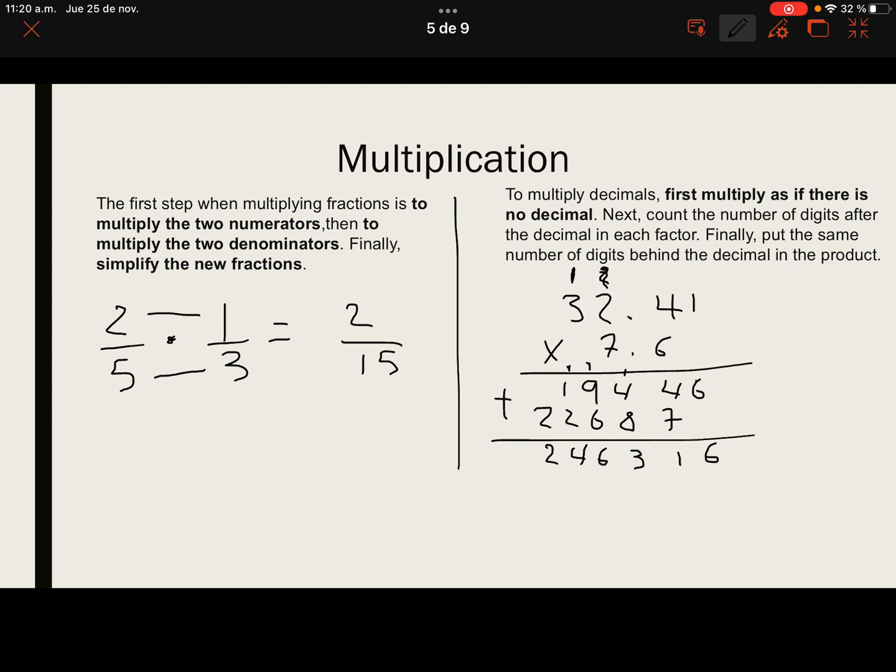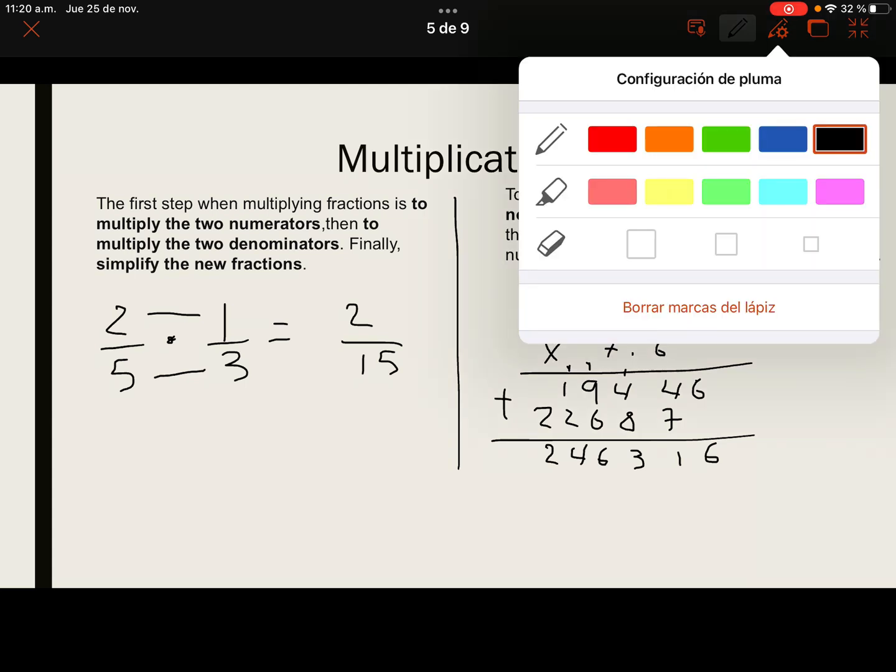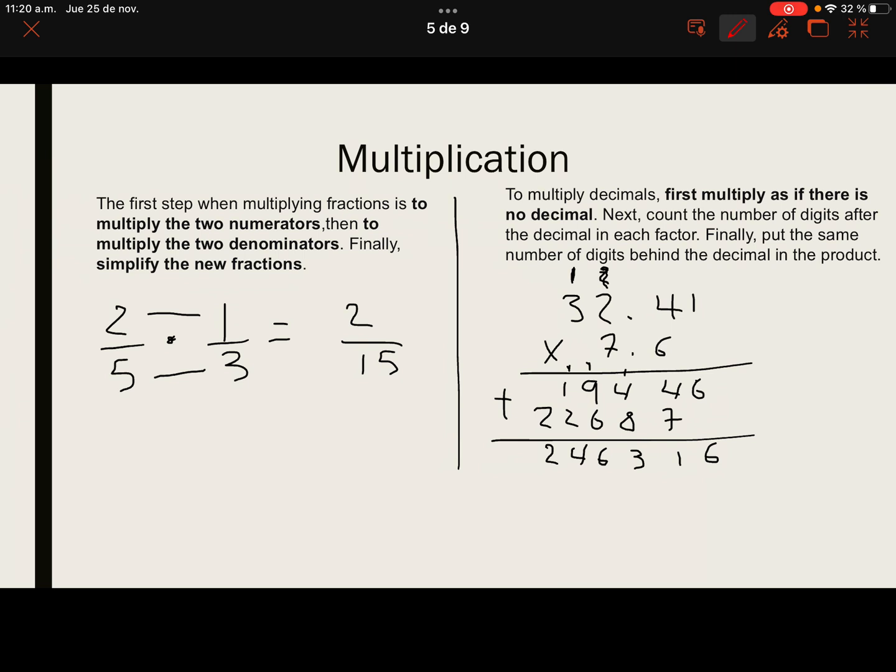Okay? And now we have to count how many numbers are behind the decimal. Or we have to count the digits after the decimal point. For the first number, 32 and 41 hundredths, we have two digits. And for the other number, 7 and 6 tenths, we have just one number after the decimal point.